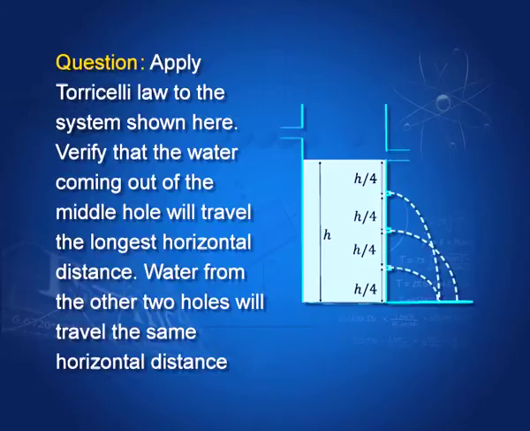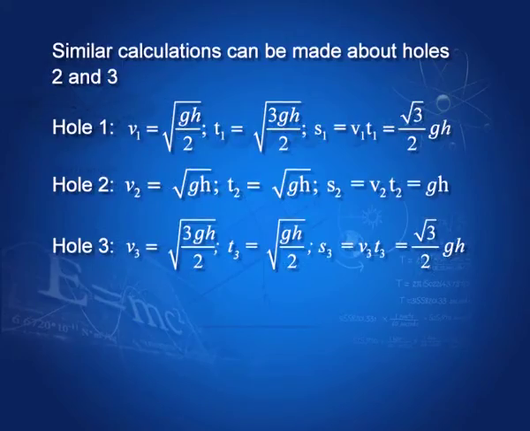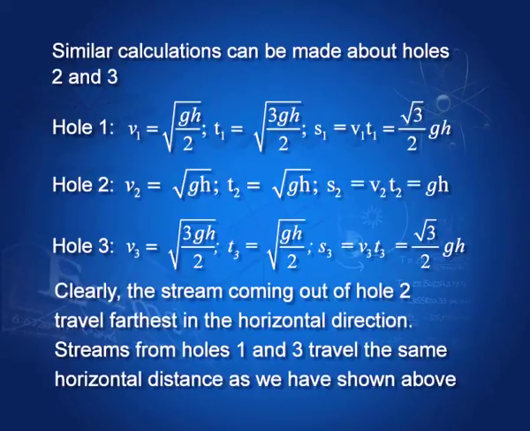You can see that it is root 3 by 2 times the same quantity for both. Clearly, the stream coming out of hole 2 travels farthest in the horizontal direction. Streams from hole 1 and 3 travel the same horizontal distance as we have shown above.